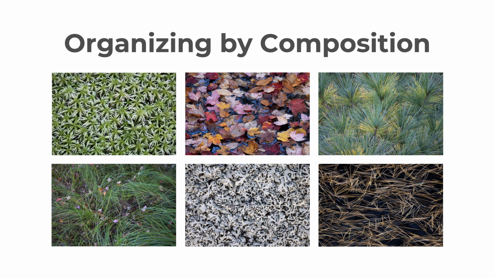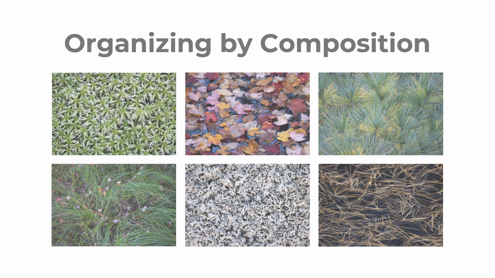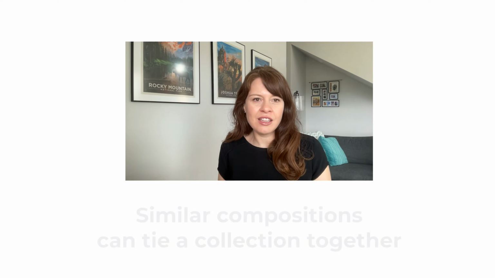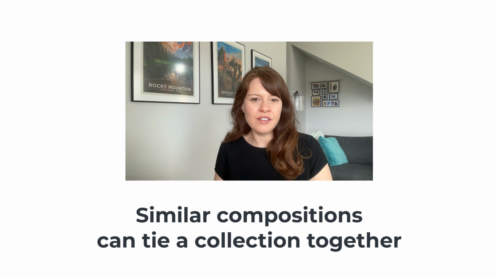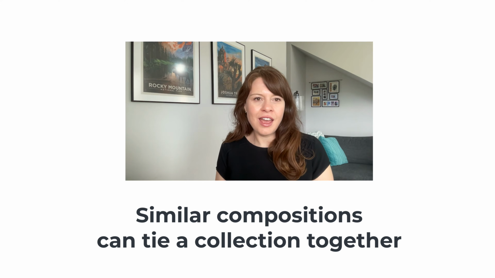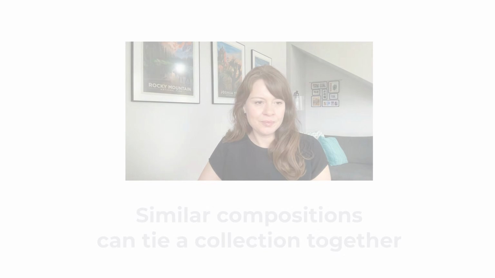The lichen feels the same, like you're just seeing a lot of the same patterns and same shapes in that lichen repeated across the frame. And then finally with the pine needles on dark water. So every composition that you see here is all about repetitive elements. So if we take those individual photographs and put them together, that repetitive element in terms of the composition can help create that tie-in from photo to photo.